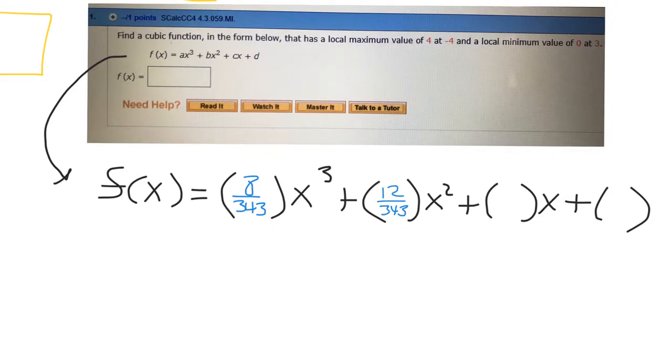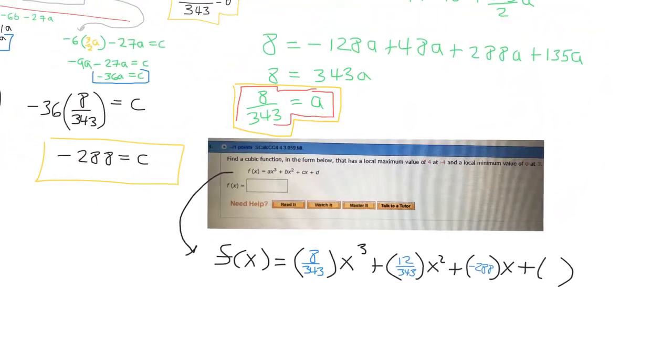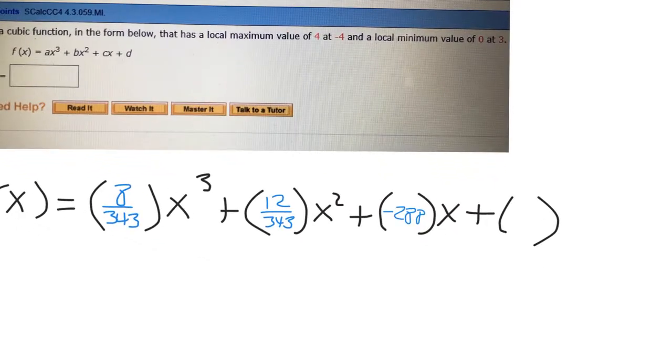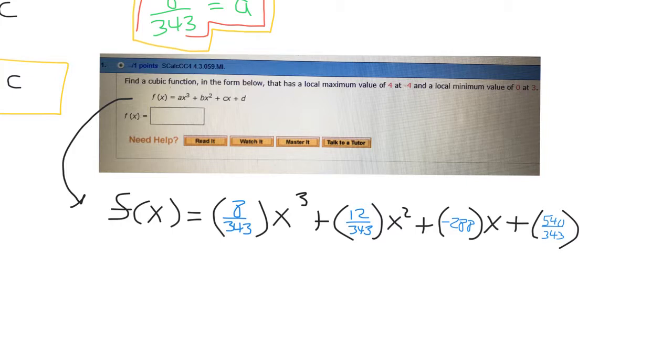We'll work with that in a moment. D turned out to be 540 over 343. And I'm going to rewrite it in such a way that would take into account this negative 288, and then we're going to call it a day.